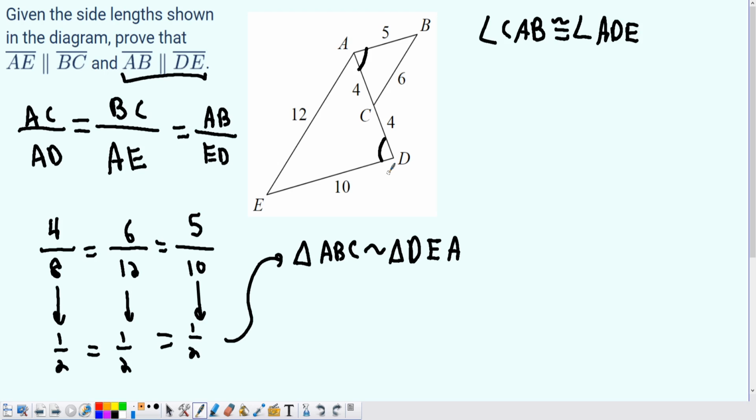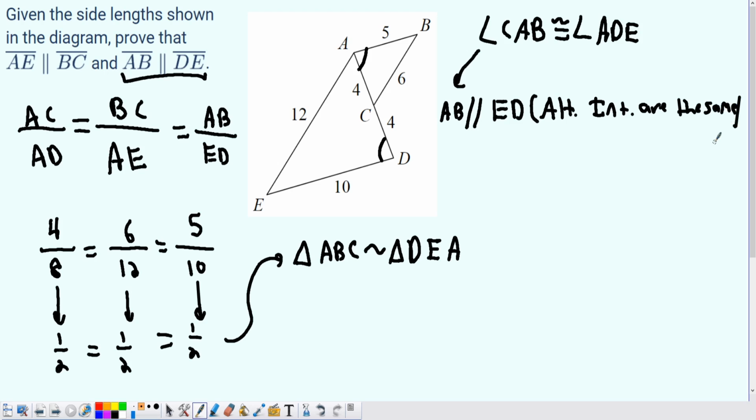So that means we have alternate interior angles that are the same. What this does is prove that AB is parallel to ED. And the reasoning is because alternate interior angles are the same, and that can only be true if the lines are parallel.